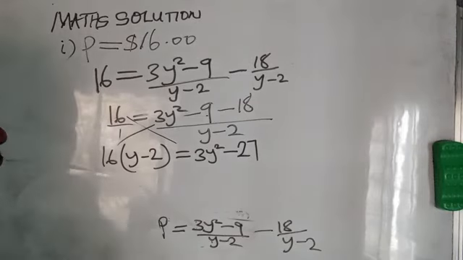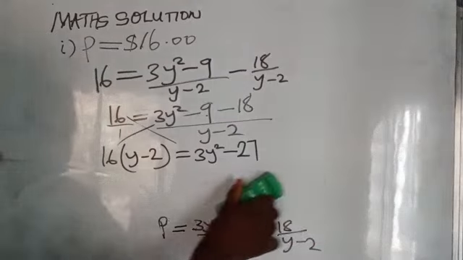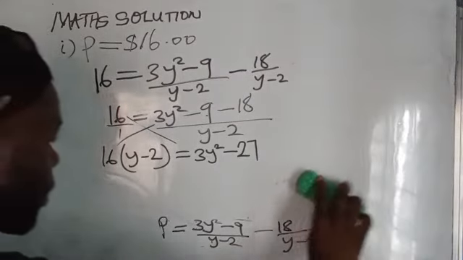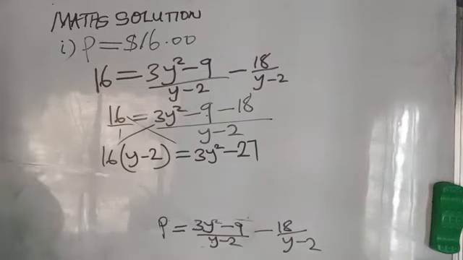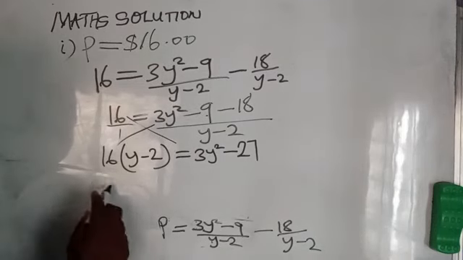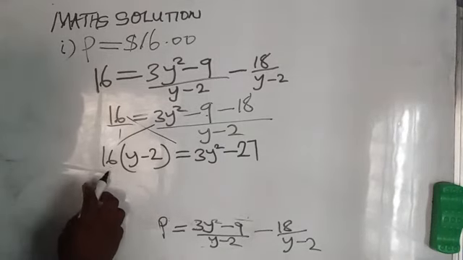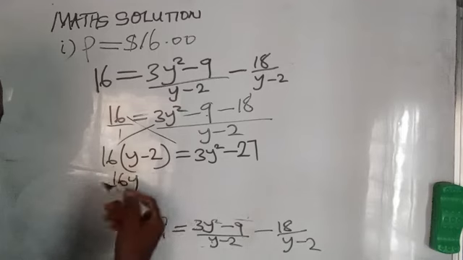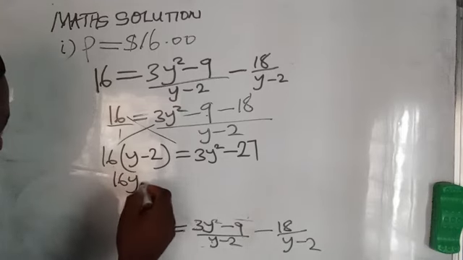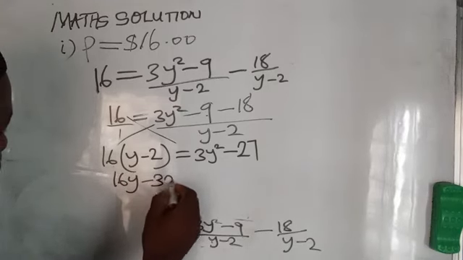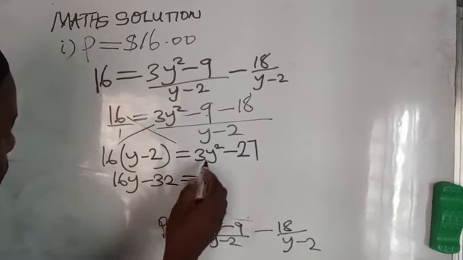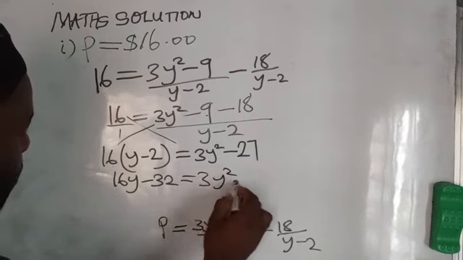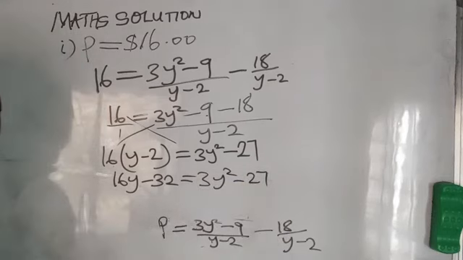So 16 times y gives 16y, and opening this bracket, 16 times minus 2 gives minus 32, equal to 3y² minus 27.